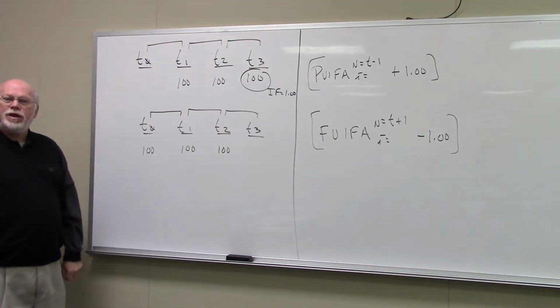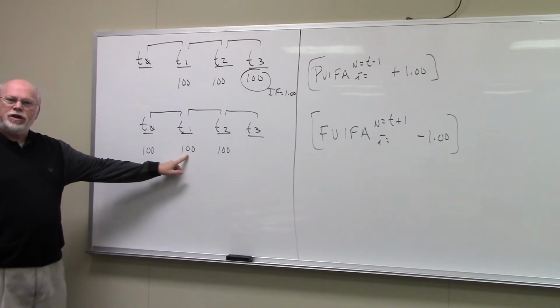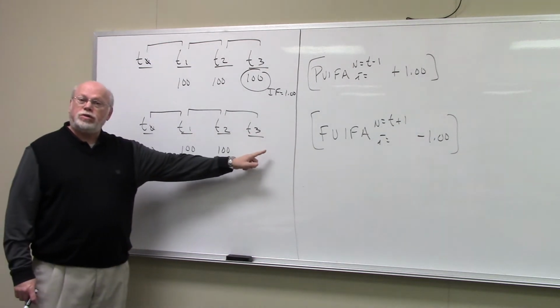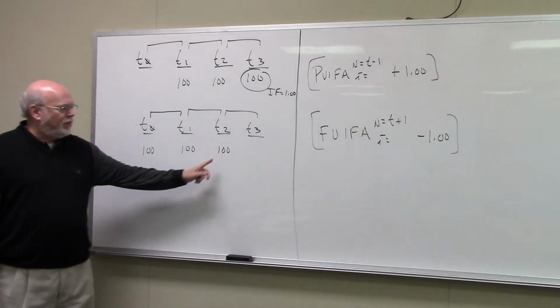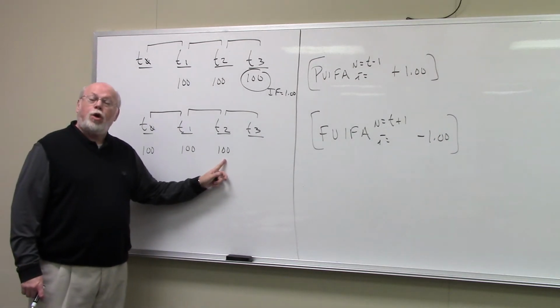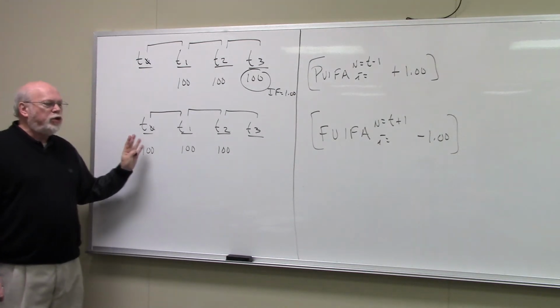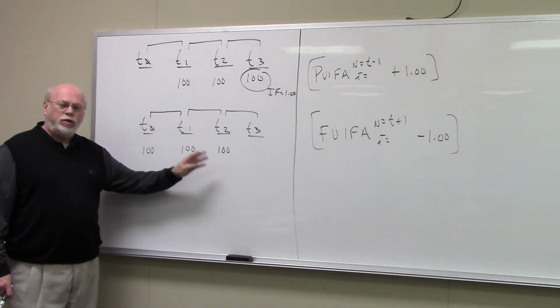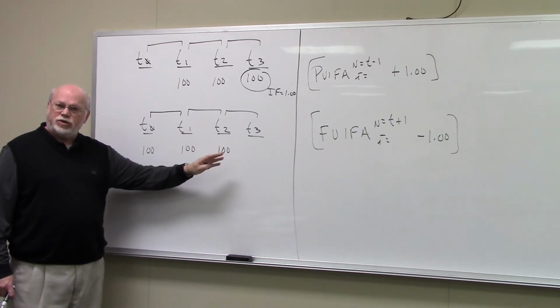The second payment up there earned interest for 1 time period; the second payment here will earn interest for 2 time periods. The third payment earned no interest; this payment will earn 1 year's interest.